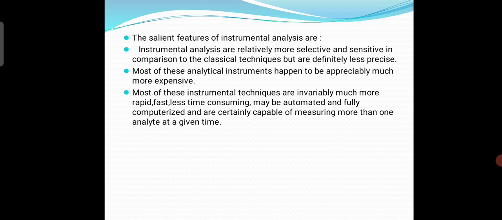And let's see some features of the instrumental methods. As we told, they are very selective and very sensitive, more expensive also, and they are very rapid, very fast, and less time consuming, and it is fully automatized and computerized, so we can repeat our experiments many times.